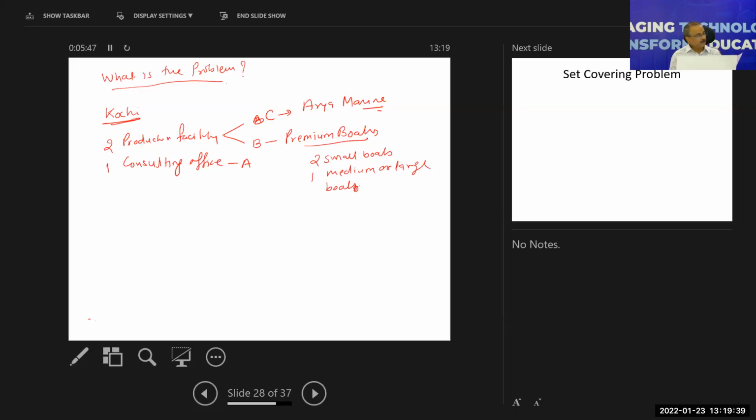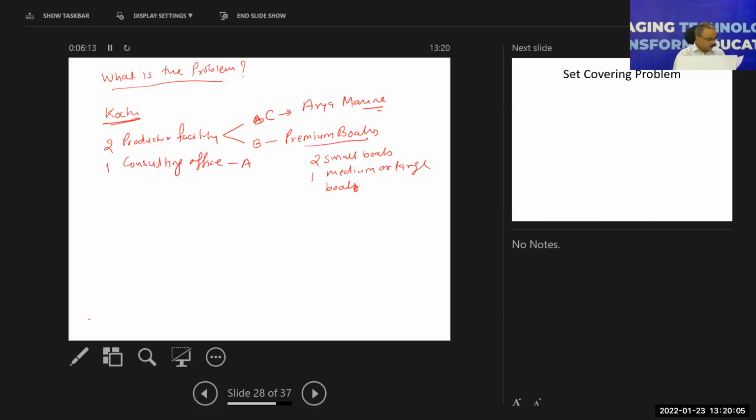So Exhibit 1, if you go to page number 6, shows the entire locations of the different facilities. You can see that the consulting office, which is facility A, is located at the Vitila hub, and the manufacturing facilities, B and now C, are located one in Wellington Island, and the second at the other location.